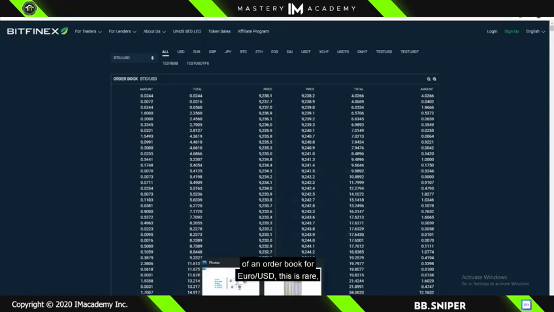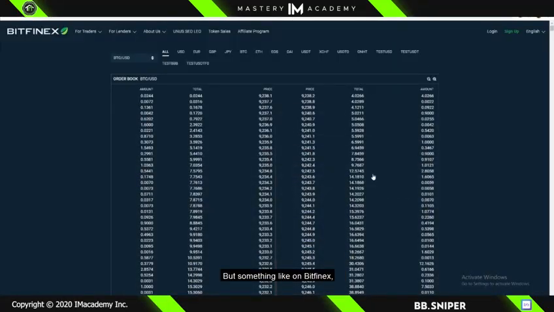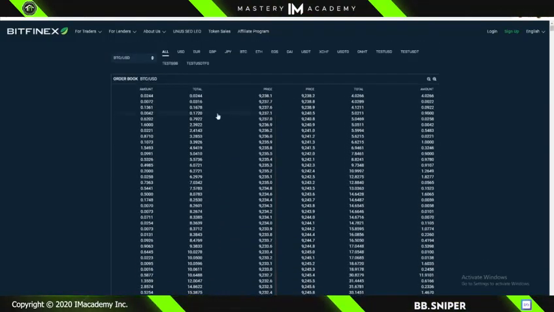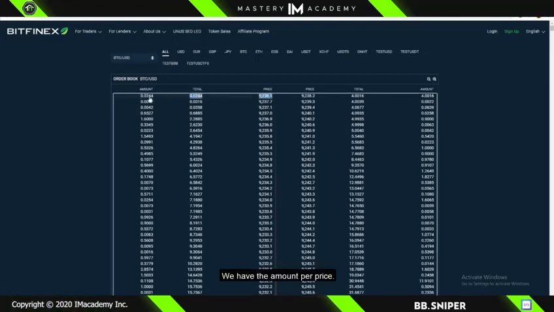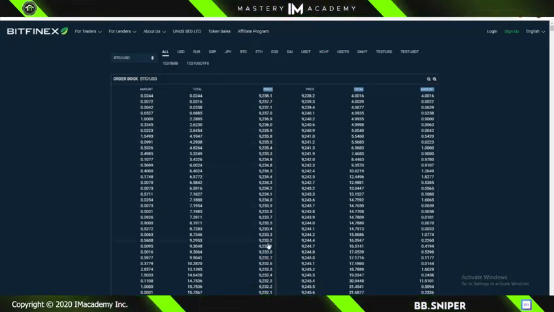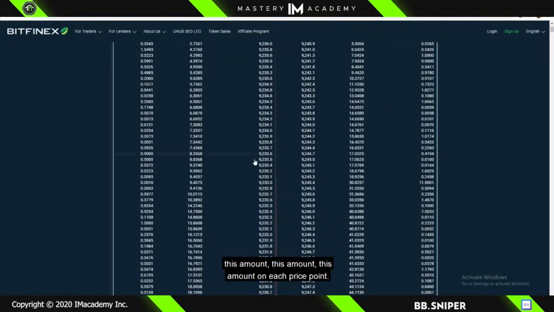That picture that I was showing you of an order book for Euro USD, this is rare. We don't have public access to that. But something like on Bitfinex, this is an order book for Bitcoin USD, and we can see sitting orders. We have the amount per price. So here's the price. See how it's going down. These are people willing to buy this amount, this amount, this amount on each price point.